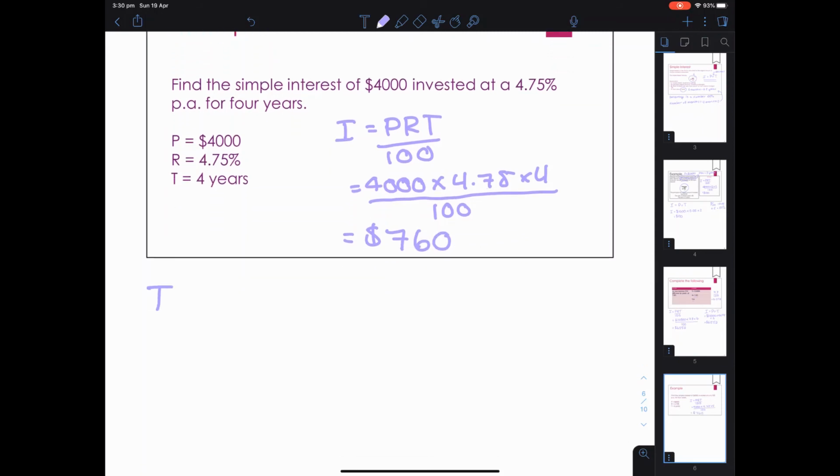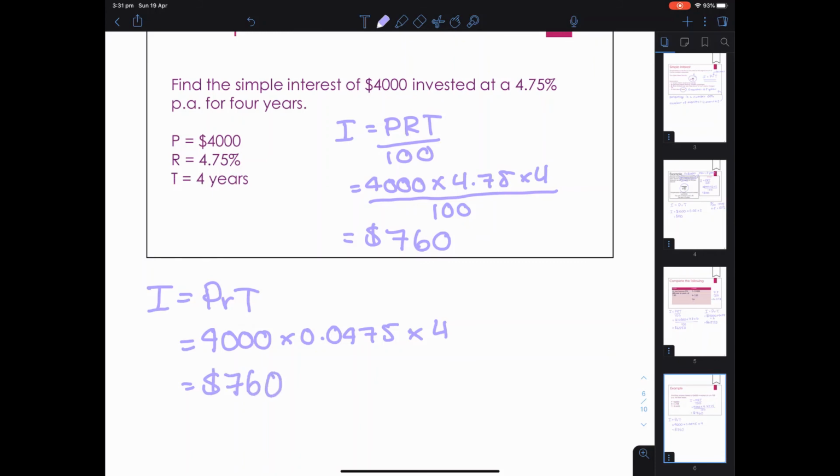If we want to do it the other way, we're going to go PRT. We've got $4,000, and we're going to times that by 0.0475 times by 4. So it's going to give us 4,000 by 0.0475 by 4, which is $760.